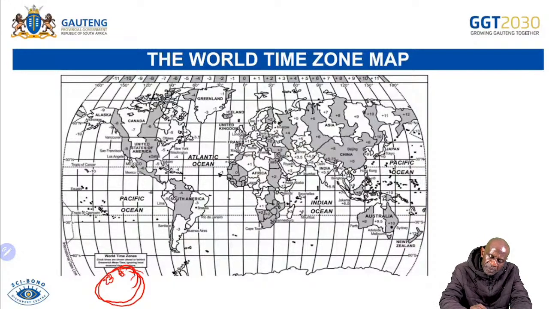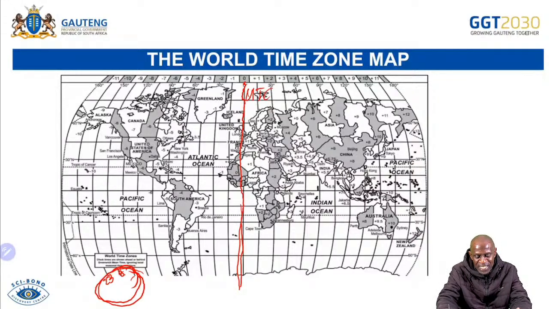Right. As you can see here, this is our 0 degrees longitude, which we said is the prime meridian. It is our UTC, where the whole world derives its time from, or it is a guiding line that provides us with time.